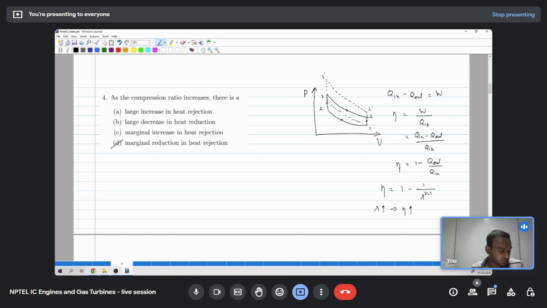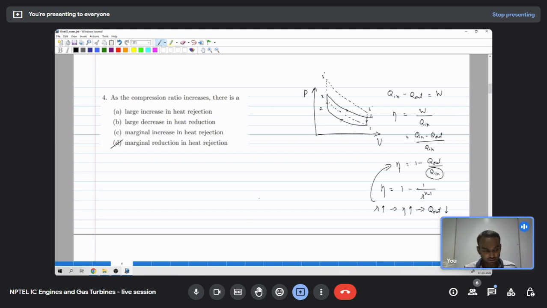So when efficiency increases, Q out decreases, right? We will assume the Q in is constant. So when efficiency increases, to balance this, Q out will also decrease. And that is how we get a marginal decrease in heat rejection.